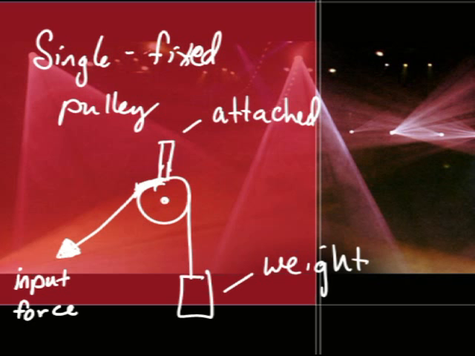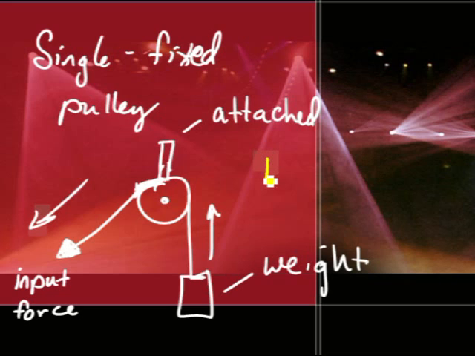In a single fixed pulley, the input force is essentially in the opposite direction of the output force. So if you're raising a weight, a single fixed pulley will cause the weight to go up, and your input force, the string, would come out the other end.